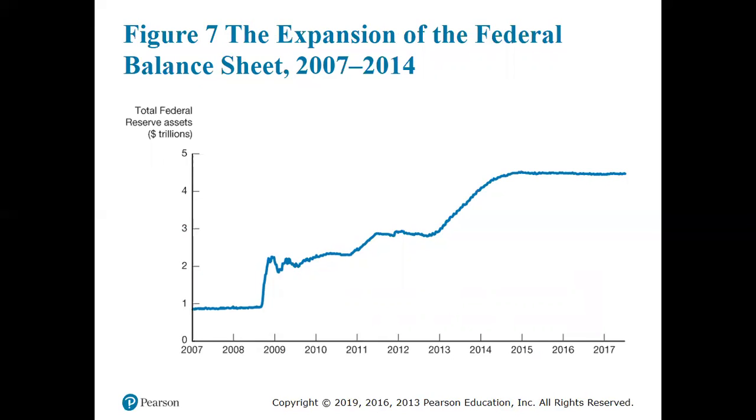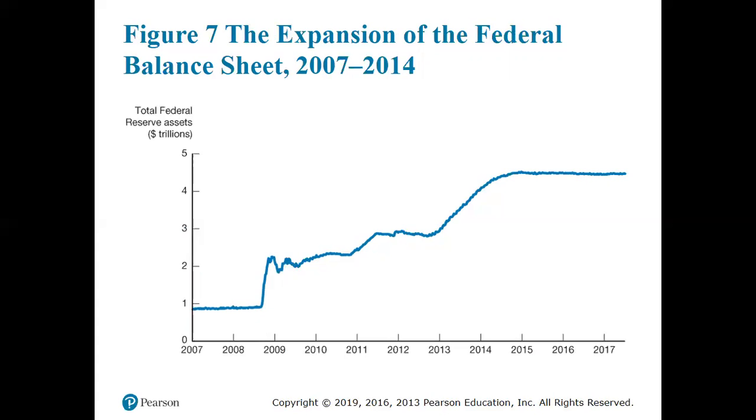If you go back 20, 30 years, that line, the straight line from 2007 into the fall of 2008, historically, the Fed had assets under $1 trillion, meaning their holdings, primarily of government securities, for their involvement in open market operations.